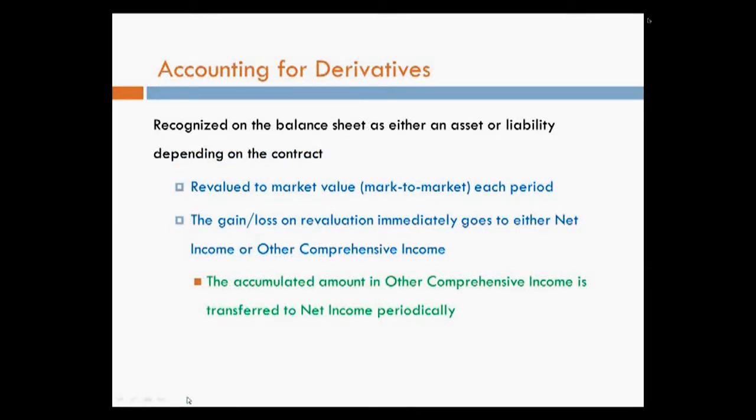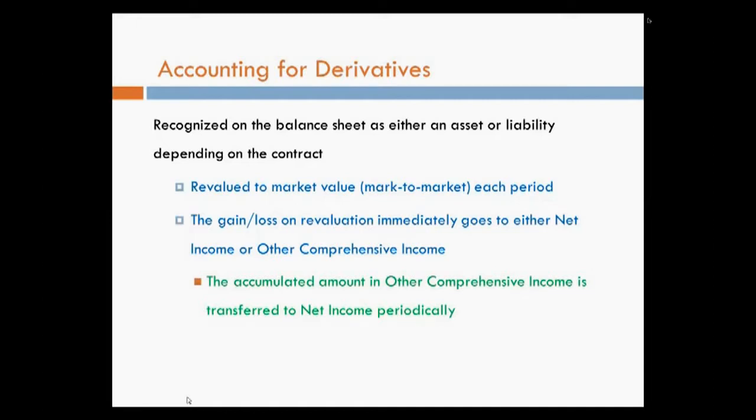So, accounting for derivatives. It would be recognized on the balance sheet as an asset or as a liability, and that is what your contract says. Periodically, it needs to be marked to market, and this was where AIG was challenged, because these things are not traded on the open market with a very easy to determine price.